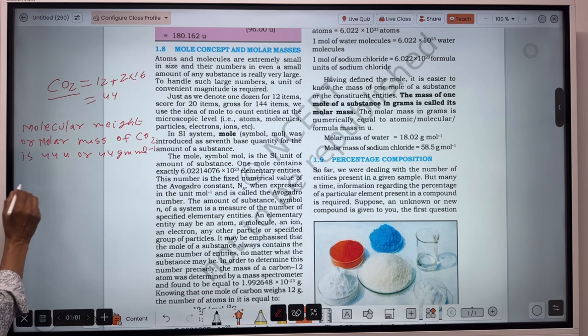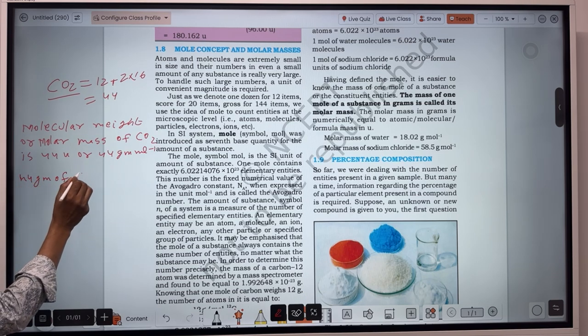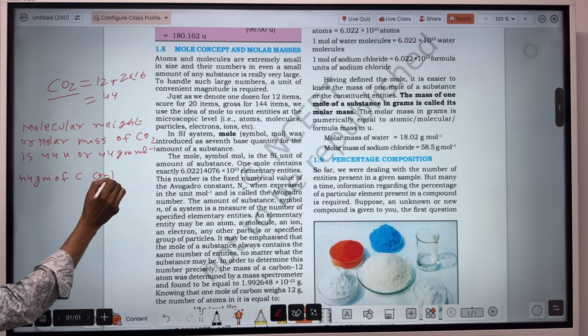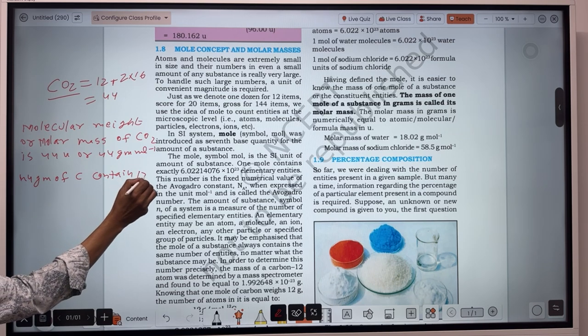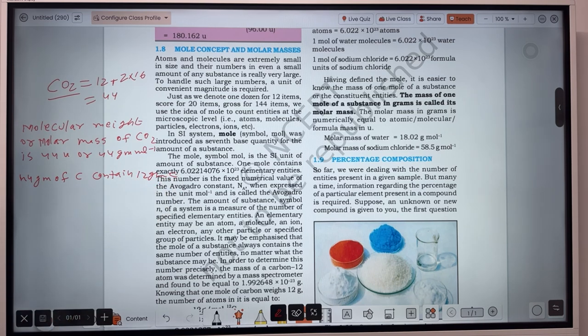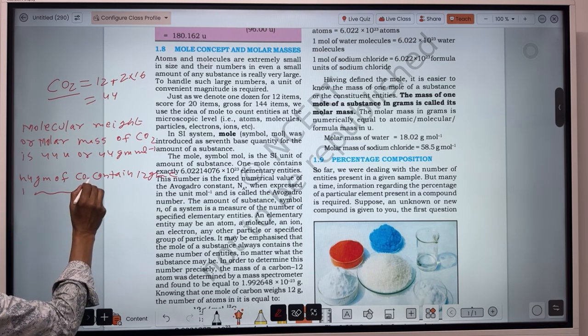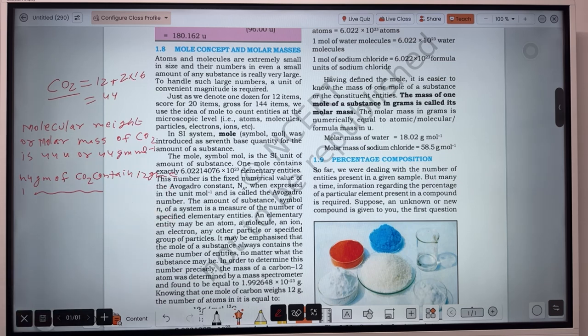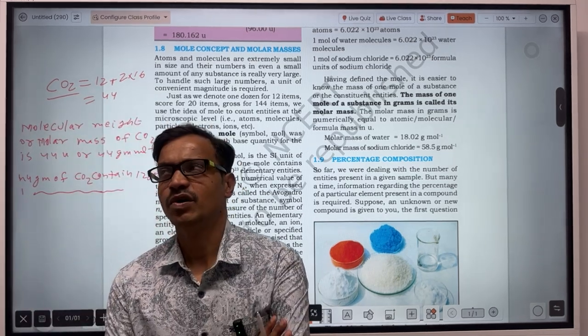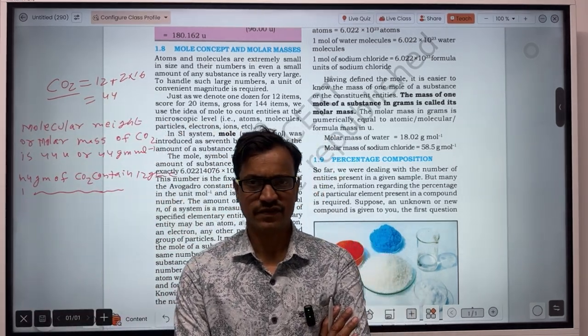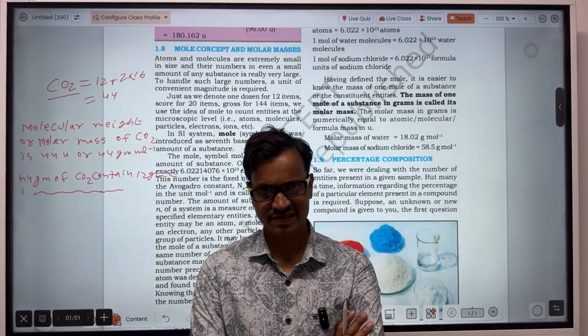CO2 is 44, and carbon is how much? So 44 gram of CO2 contains 12 gram carbon. If the weight of CO2 is less, then the weight of carbon will also be less.